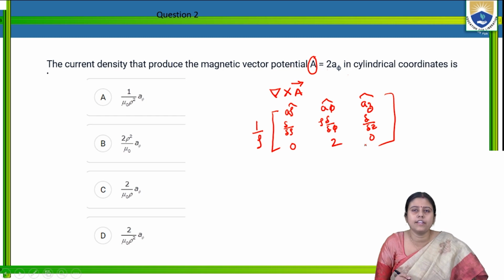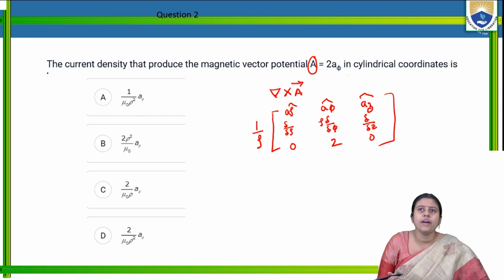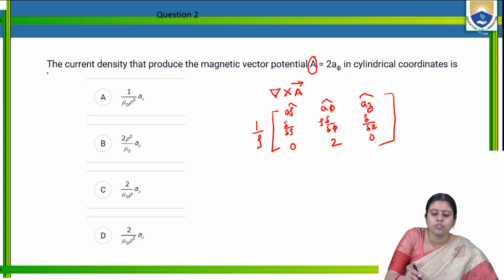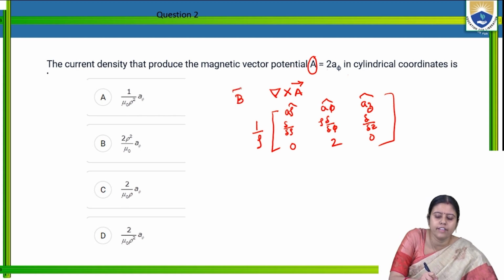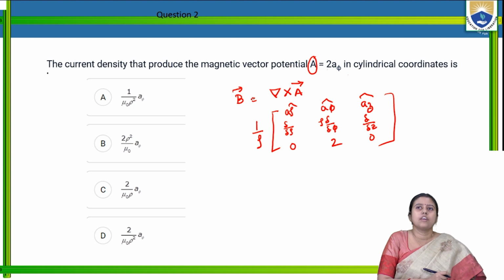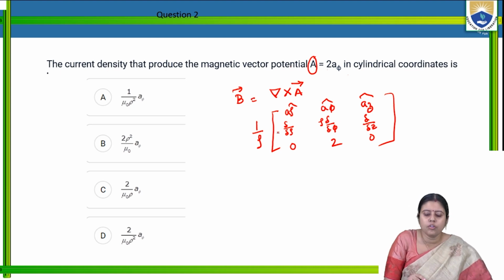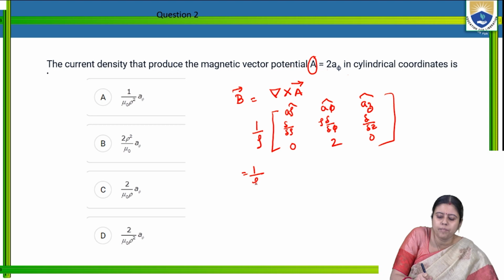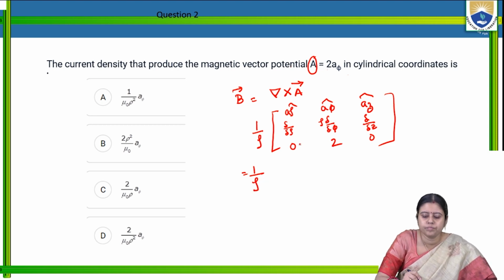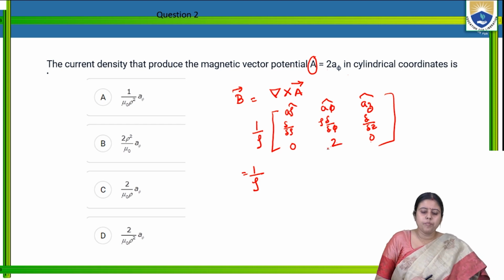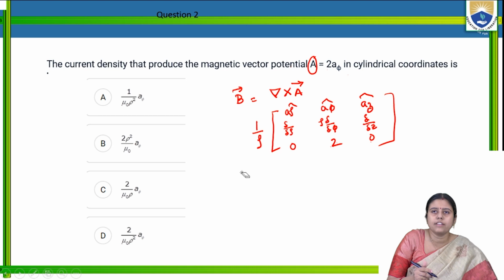If we calculate it, we get the value of grad cross A. B is equal to grad cross A. So, if we calculate this B, after that what is the next step?